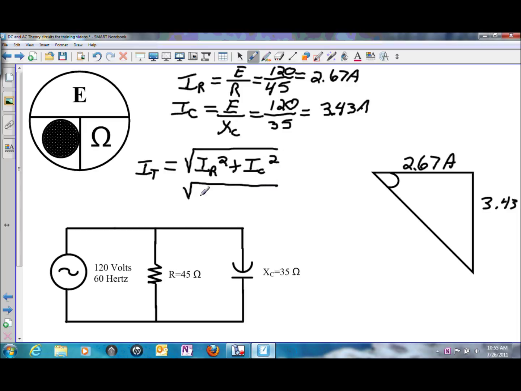Put in the values, that would be 2.67 amps squared plus 3.43 amps squared, and that will give us a total current flow for this circuit of 4.35 amps.